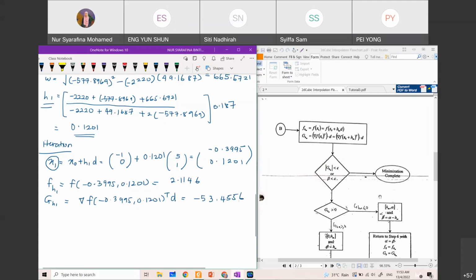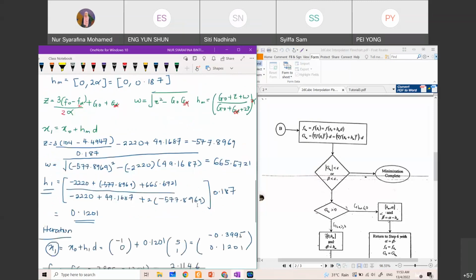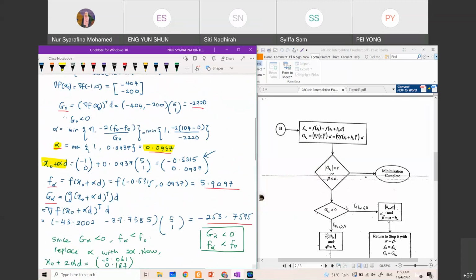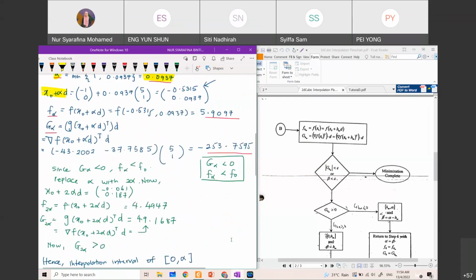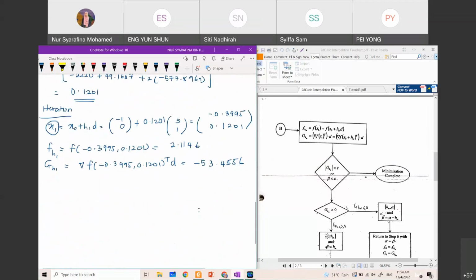Then again check whether that GH here is less or greater than 0. If it is less than 0, then again replace alpha with 2 alpha. Same process just like we did previously. Our new interval is h1 to alpha.